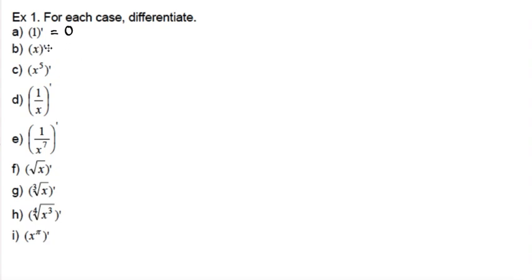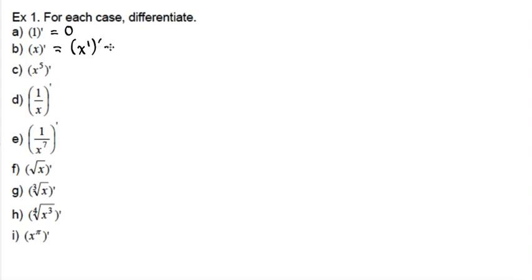If I have just a letter, so x for example, the derivative of x is really, we can think about this as the derivative of x to the exponent 1. And I know that's sometimes hard to tell the difference between.